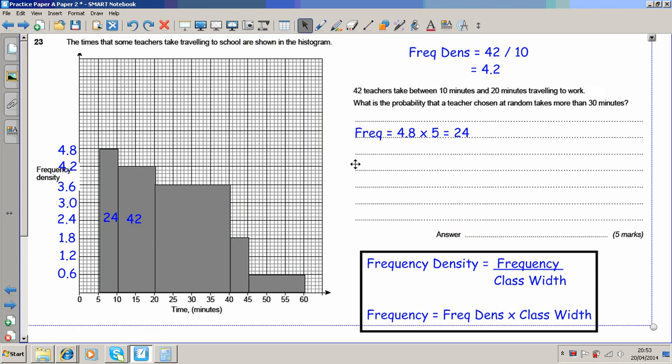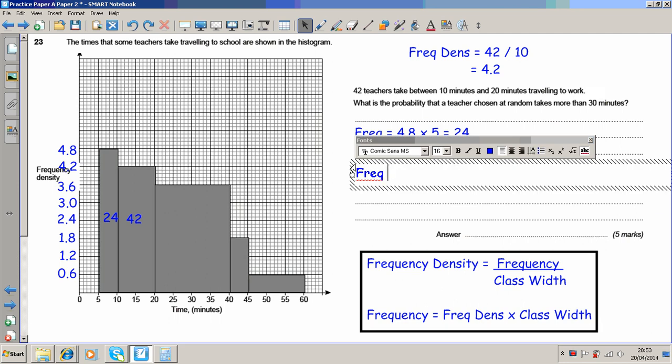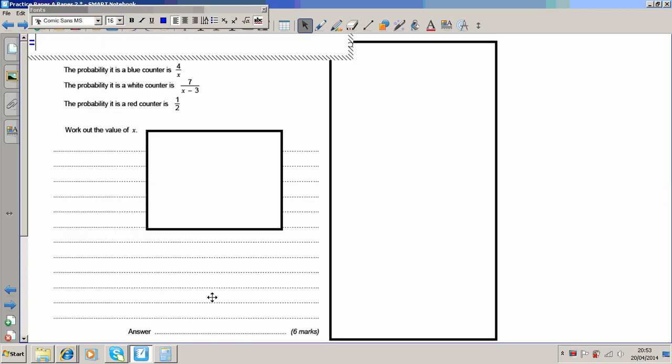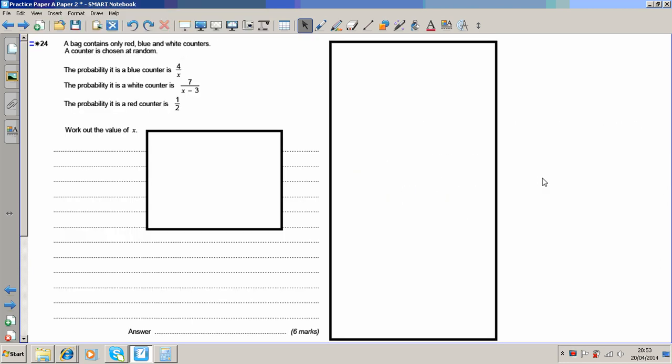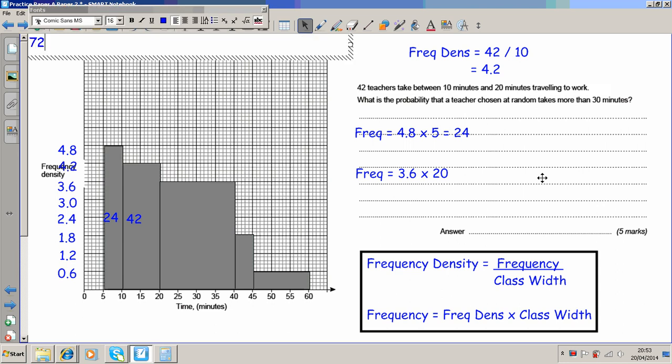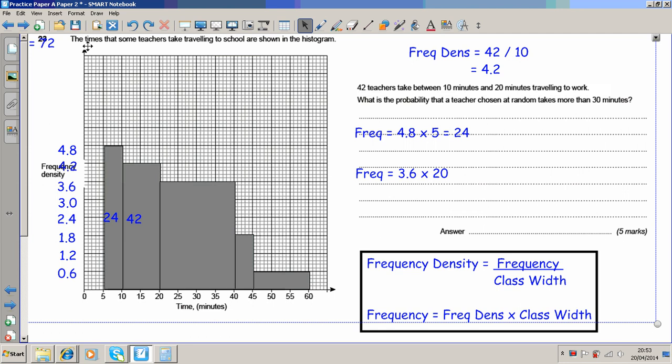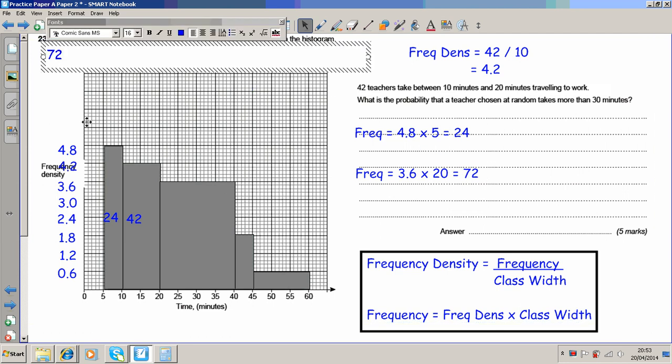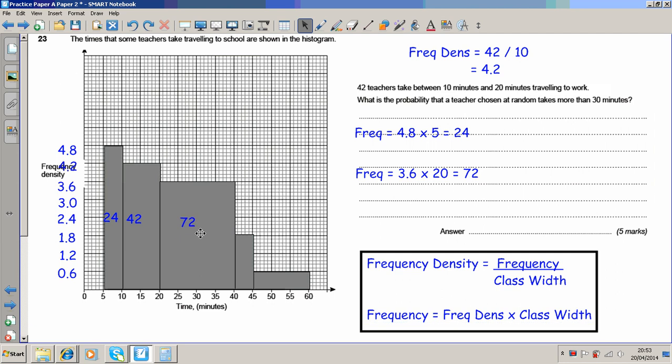The next bar, the frequency is the frequency density, 3.6 times the width, which is 20, so that is 72.